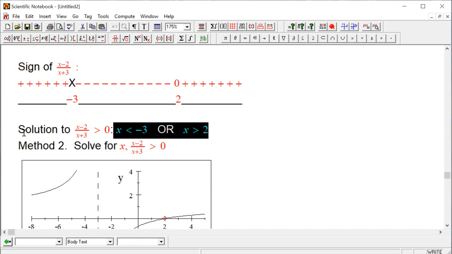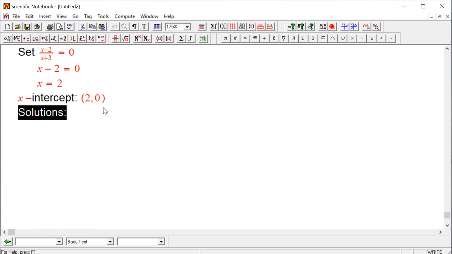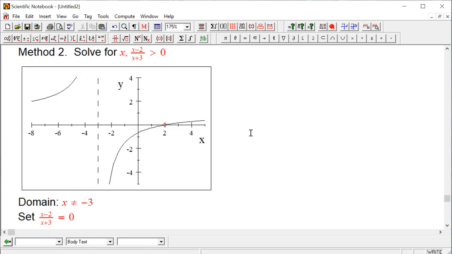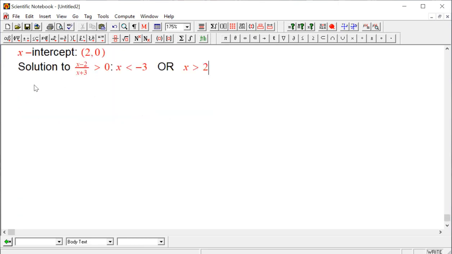The solutions to this inequality are the same, whether you use the function method or the sign method, right? And you can try other different methods too. Go ahead, try it. If you have any questions, feel free to talk to me.